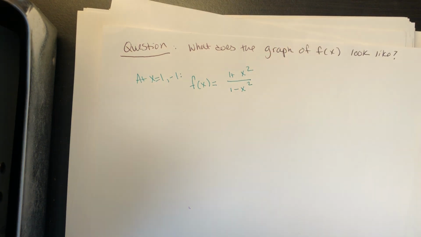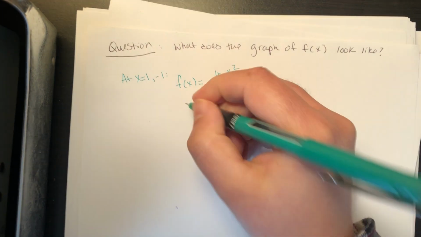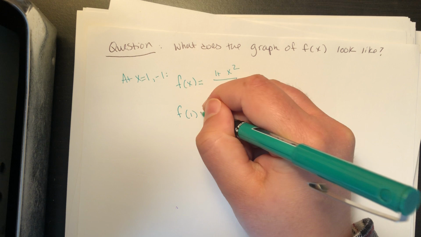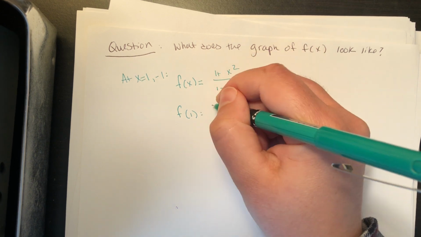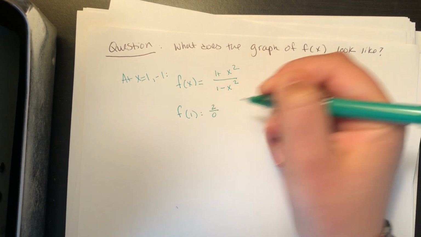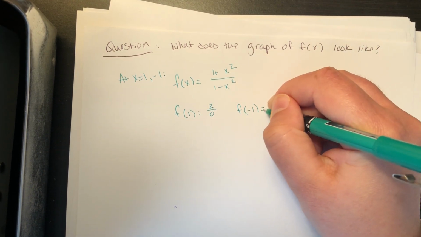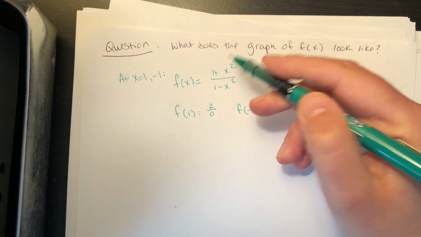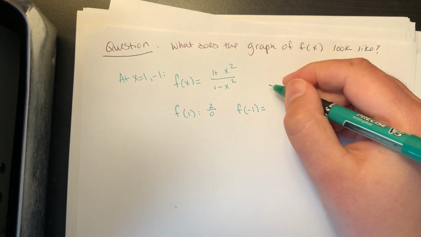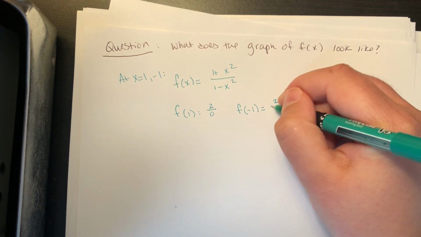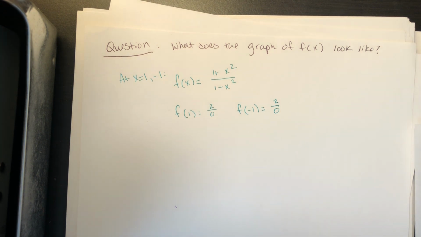That's the original definition. If we were to plug in 1, on top we'd get 1 plus 1 squared, which is 2, and on the bottom, of course, we'd get 0. If we were to plug in -1, on top we'd get 1 plus -1 squared, which is still going to be 1 plus 1, or 2, and on the bottom we get 0.